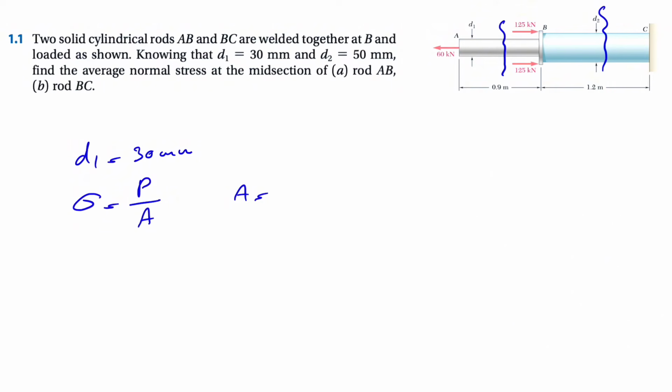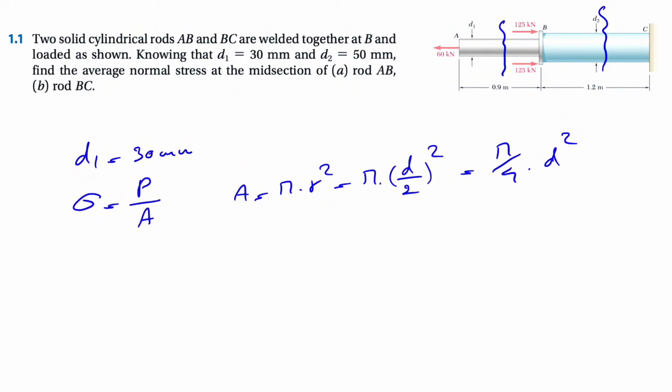The area of a circle is pi times r squared, where r is d divided by 2, since the diameter is equal to 2 times the radius. If we take the 2 outside of the parentheses, we have pi over 4 times d squared. Now that we have this, we can find the area.